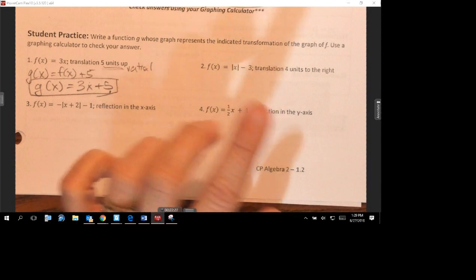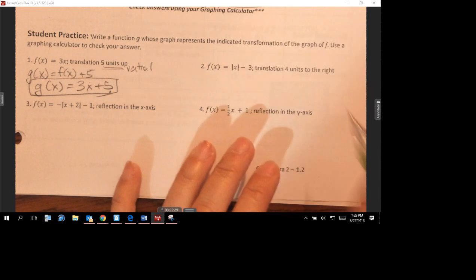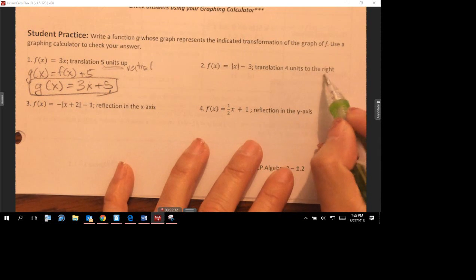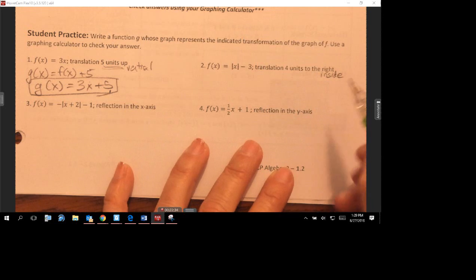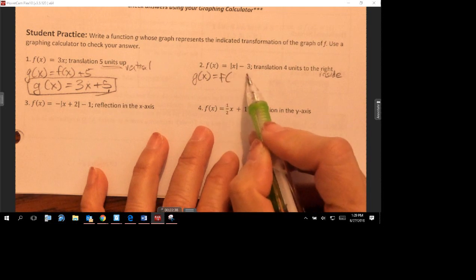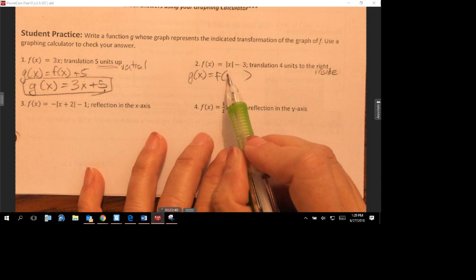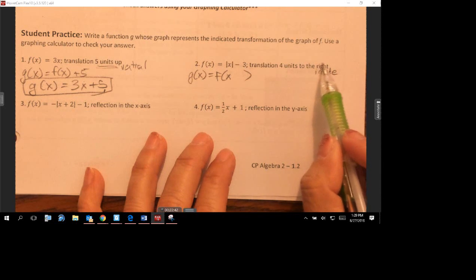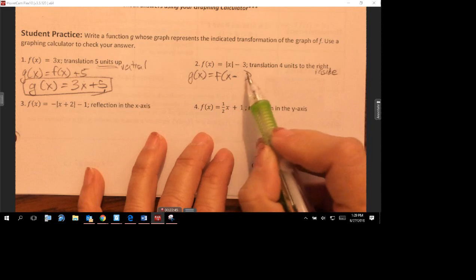Number 2 is translate 4 units to the right. So that's inside. That's horizontal. So we will have g of x equals f of, you put it inside the parentheses, and it goes opposite. So this is right, but I'm actually going to have to minus 4.